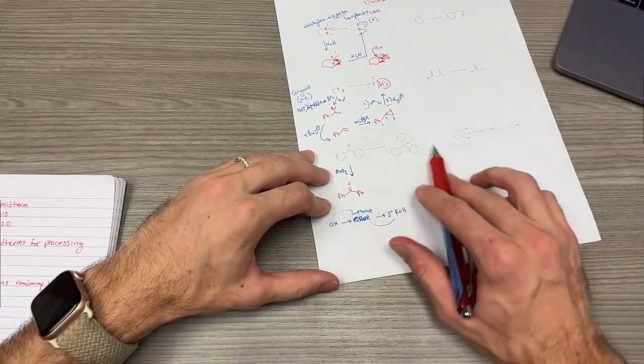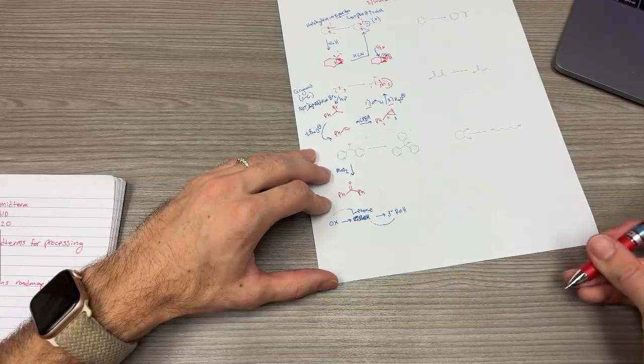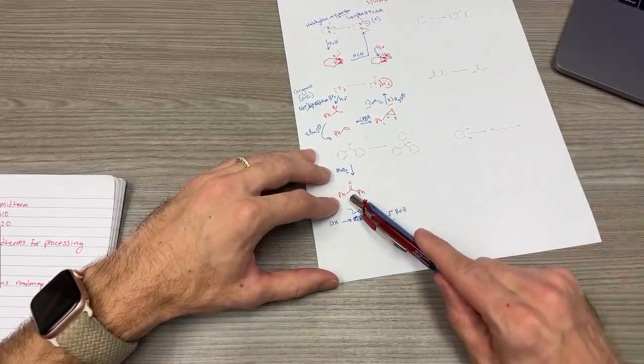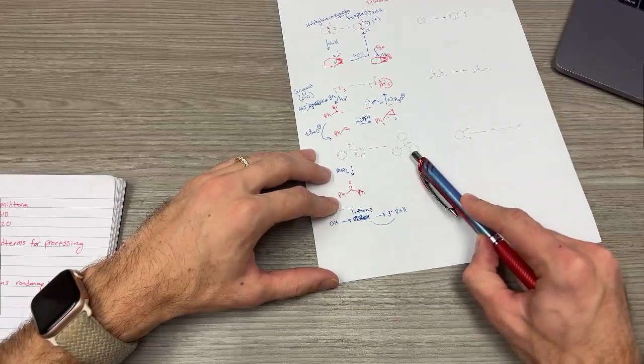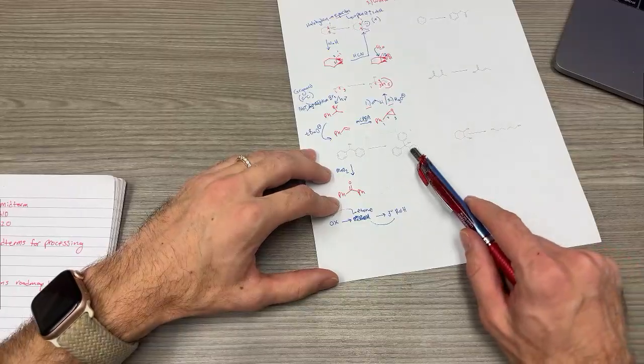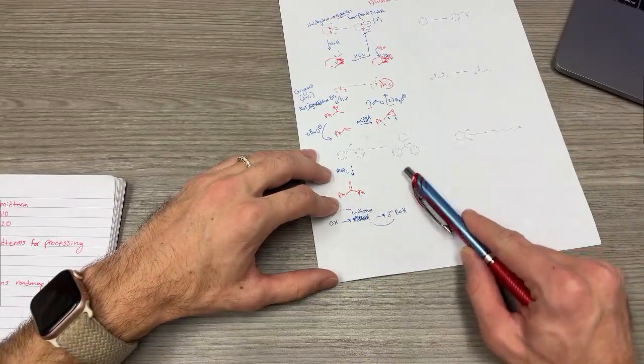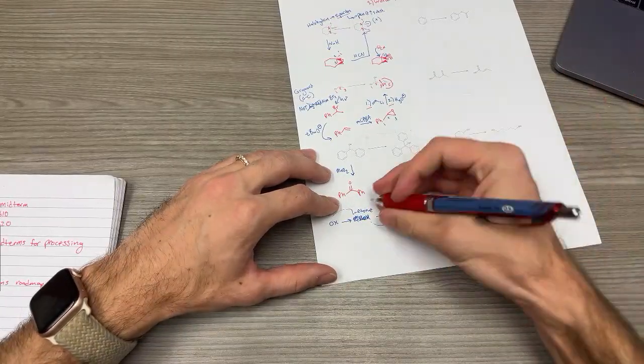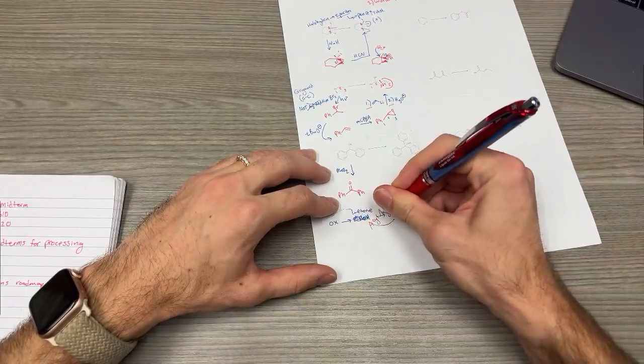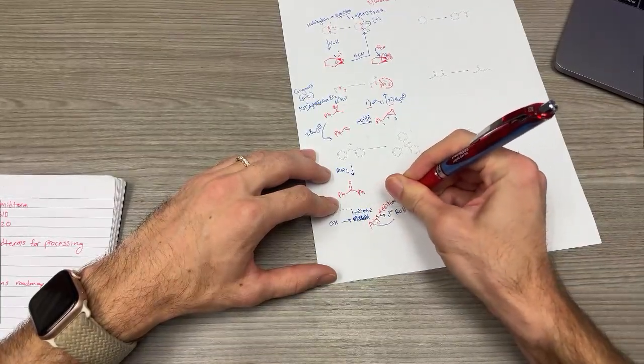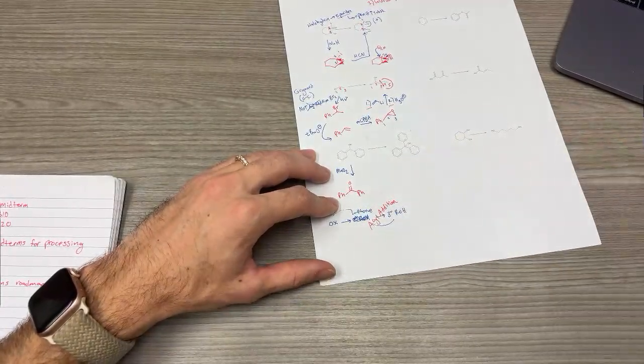They're not changing anything about the chemistry. From this ketone, I need to make a tertiary alcohol. That can be done by acyl addition.